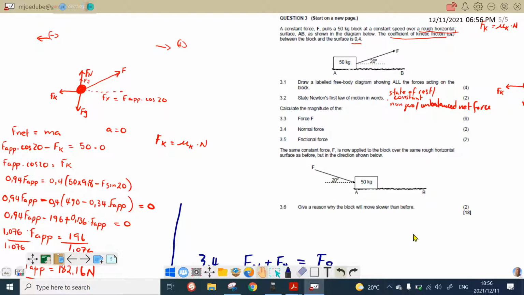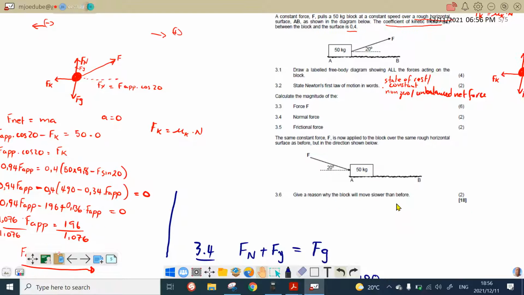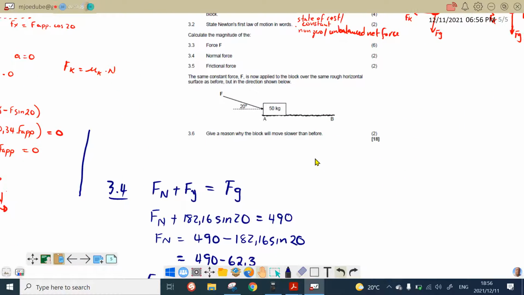So what that means is that the F normal is going to increase, because the vertical component, Fy, is no longer acting in the upward direction, it's acting in the downward direction. So that's the first thing that you need to understand: F normal increases.